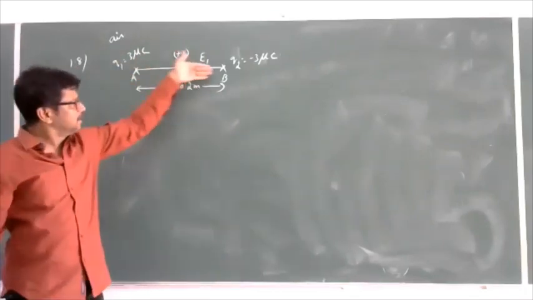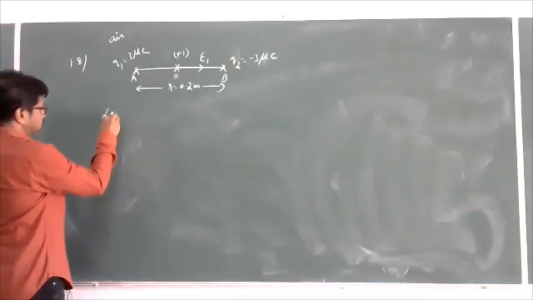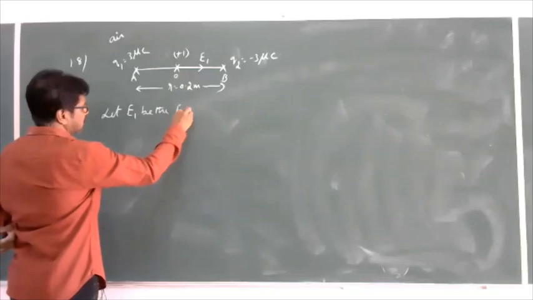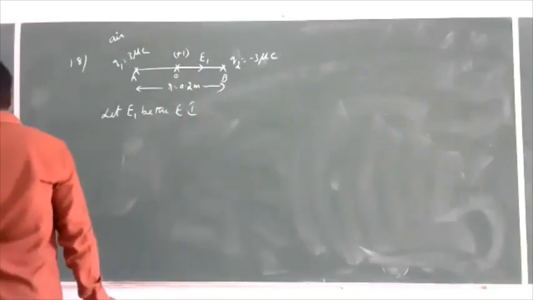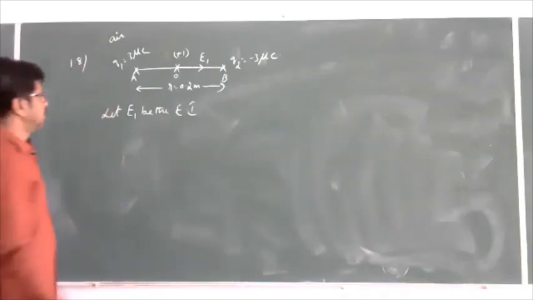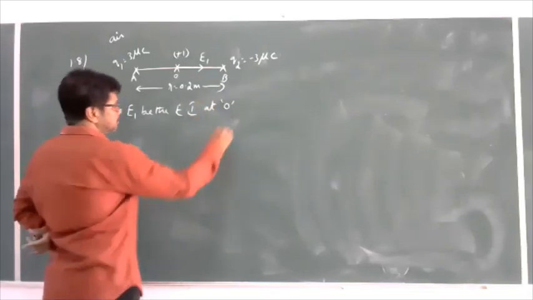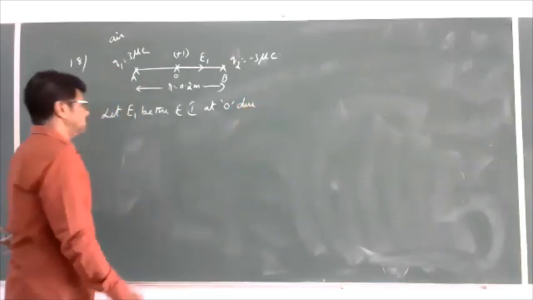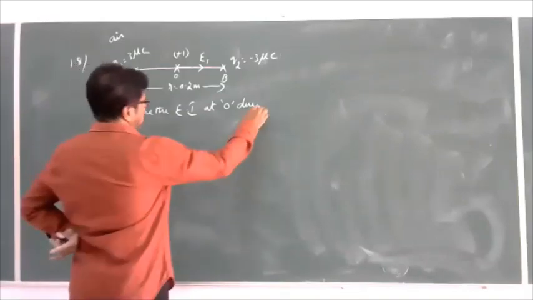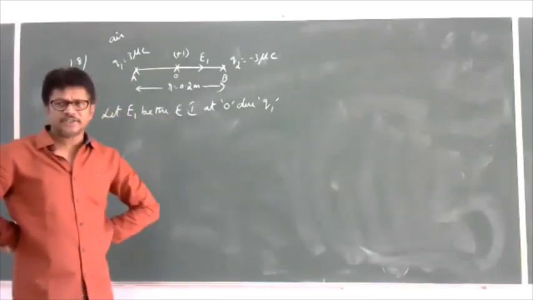Positive, positive repulsion. Let E1 be the electric intensity acting at O due to charge Q1.